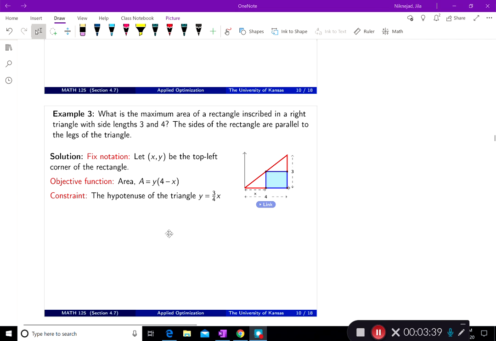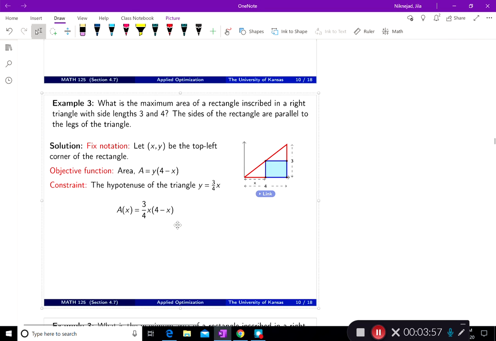So that's a constraint. Again, y over x was 3/4 by similar triangles, and therefore I can replace y with 3/4 of x and get a new objective function. The objective function becomes A of x equals 3/4 of x times 4 minus x.